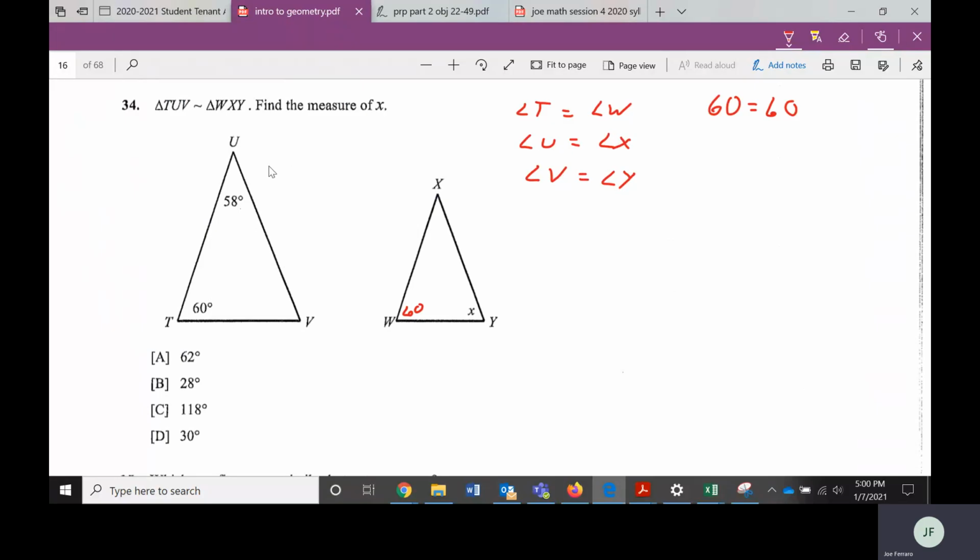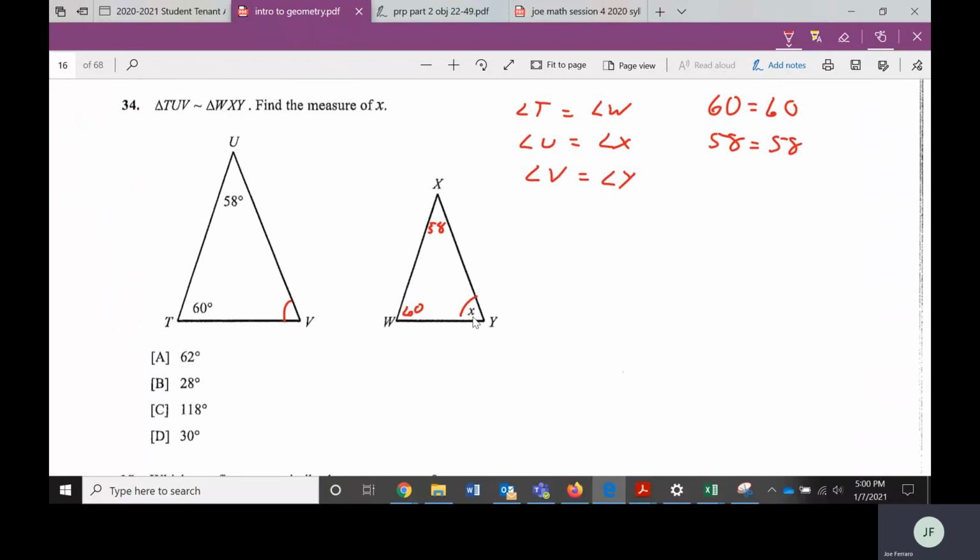Angle U is 58, which we don't know at the beginning, but 58's got to be equal to 58, and that's angle X, which is here. So that's 58. So now there's two ways you can go about doing this. Either way, if we find this angle, that's the same as this angle, and that's what we're looking for, a little x.